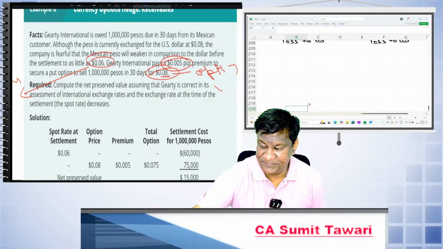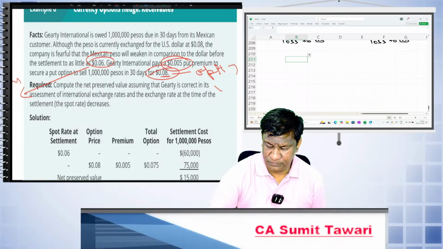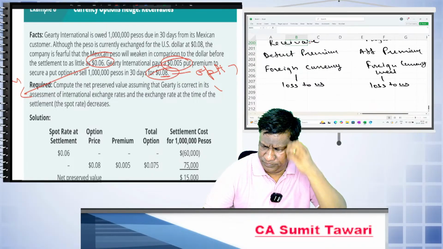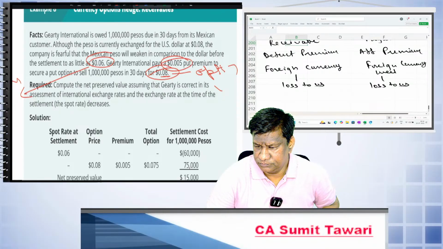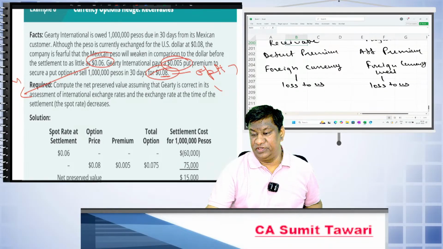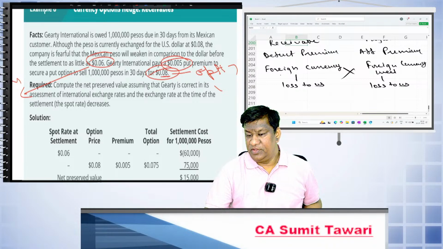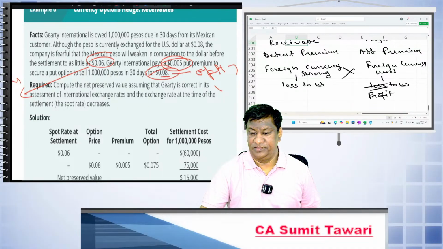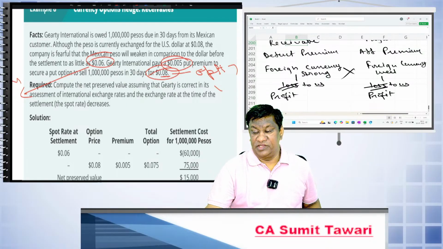Sir, I have a doubt. In the payable one, you said that if the foreign currency weakens, it's a loss to us. But because we are paying, if the foreign currency weakens, won't it be good for us because we'll have to pay less? Yes, it is reversible, correct. If the foreign currency weakens, then I can buy more foreign currency with the same exchange rate.